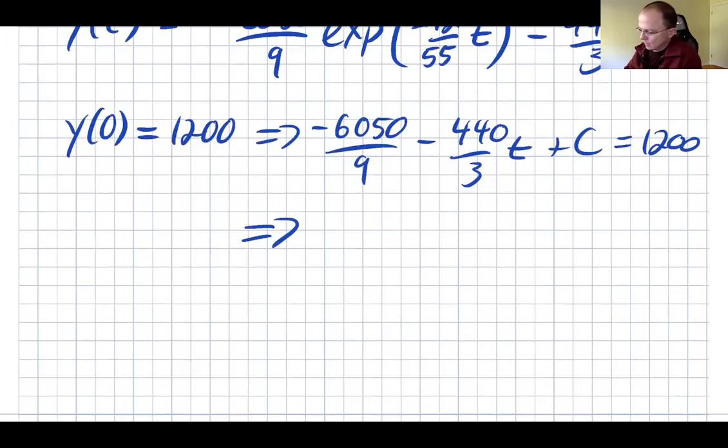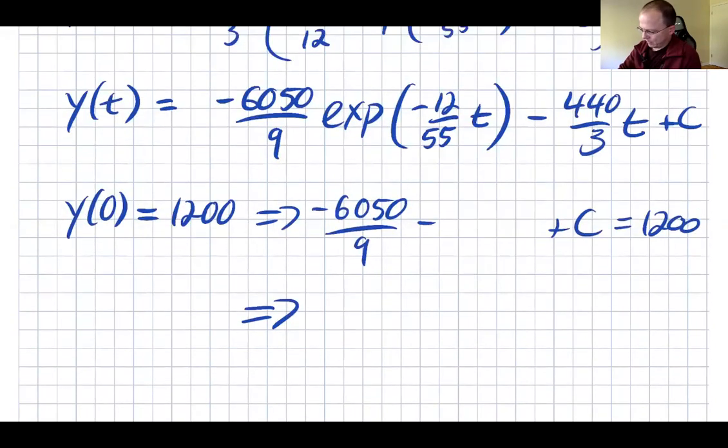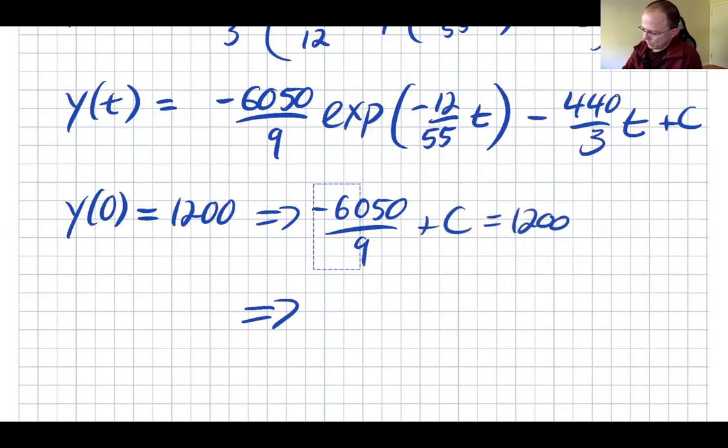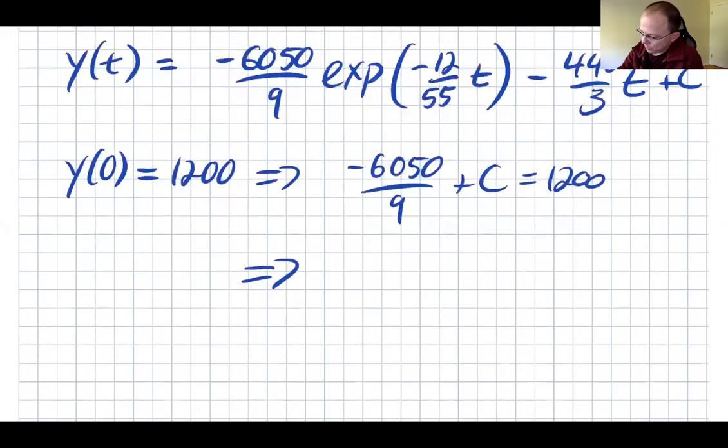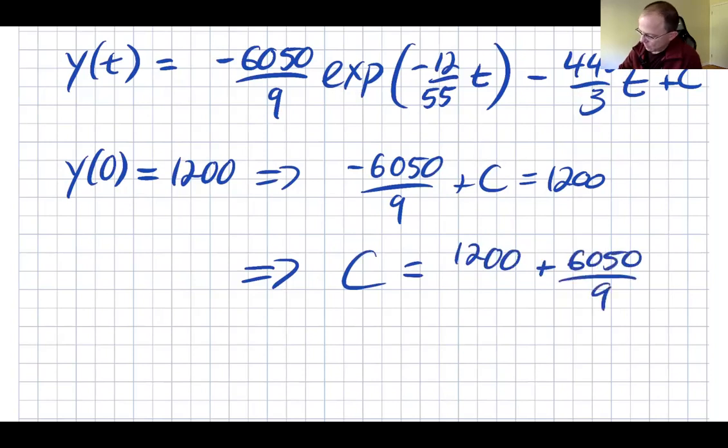Let's see. Just trying to think what's the easiest way to deal with this. Okay, I put 0 in, so this term actually goes away. That makes it a lot easier. There we go. So C is going to be equal to 1200 plus 6050 over 9.